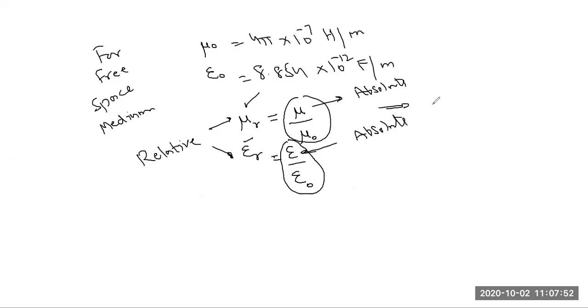Based on this equation, the absolute permeability is basically the permeability of free space multiplied with the relative permeability, and the absolute permittivity of the medium is basically equal to the permittivity of free space multiplied with the relative permittivity.